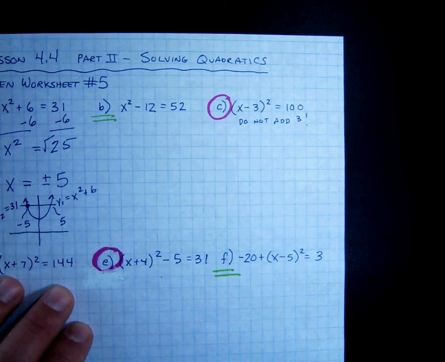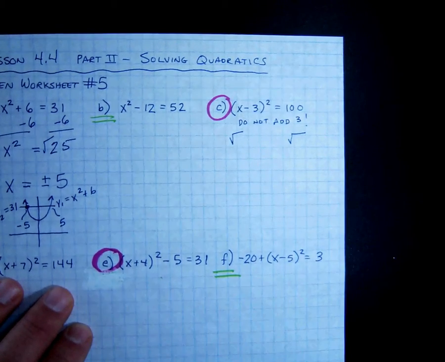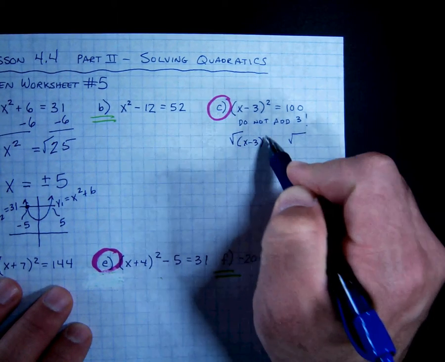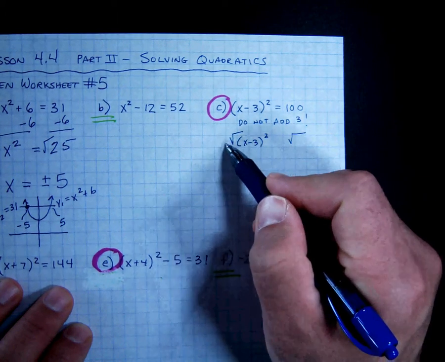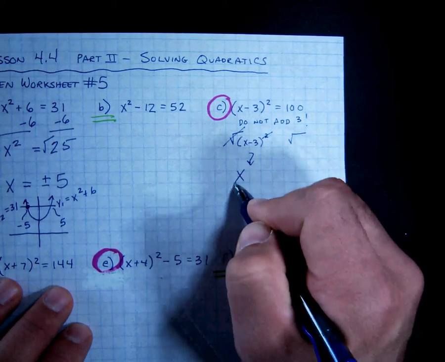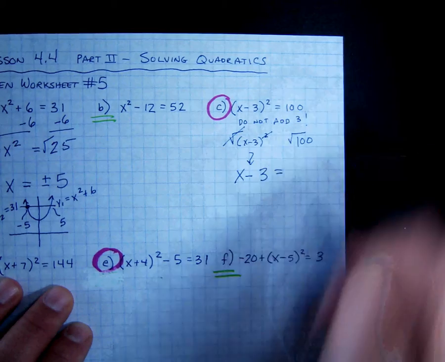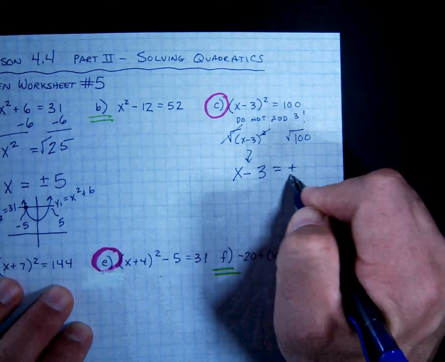Instead, you're going to start with the square root, take the square root of both sides, and when you square root the quantity x minus 3 squared, all that does is cancel out the squaring. So the square root cancels the square, and you're left with x minus 3 equals the square root of 100. When solving this, you should get plus or minus 10.